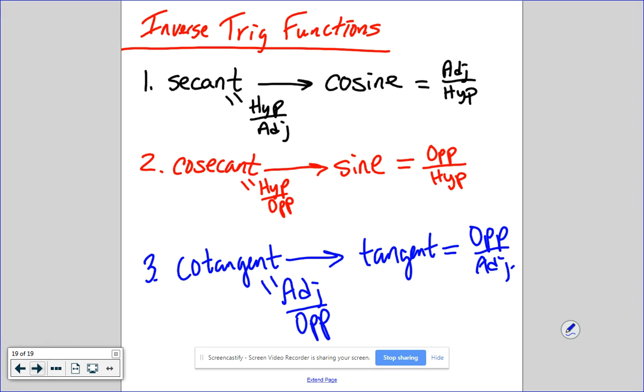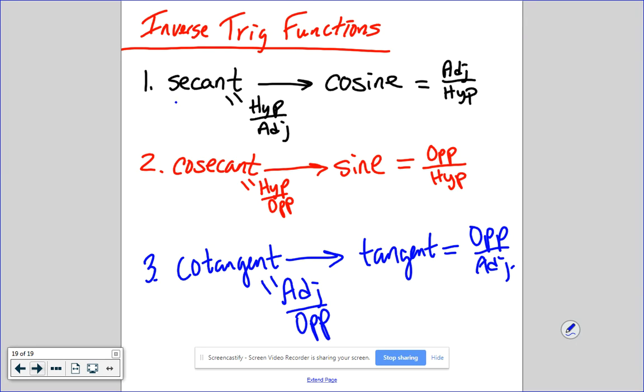I don't know if that's helpful to you, but that was how I remembered. They don't go C and C. It's never the same letter. Because when I first learned this, I thought it would make more sense, cosine and cosecant go together, because they both start with C. But it's opposite. C goes with S, S goes with C.